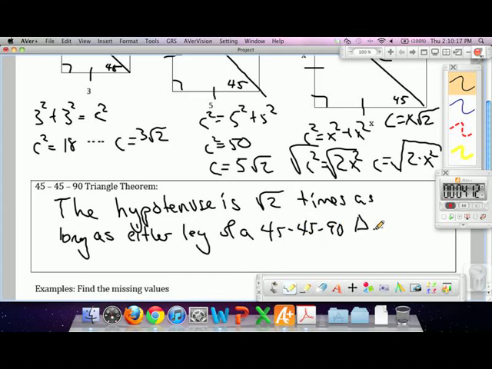The hypotenuse is the square root of 2 times as long as any leg that's in a 45, 45, 90 triangle. So if I knew a leg, I multiply by root 2, and I get the length of the hypotenuse.